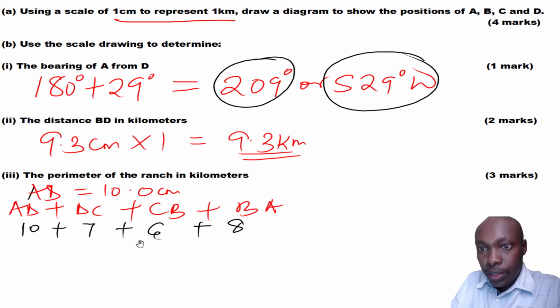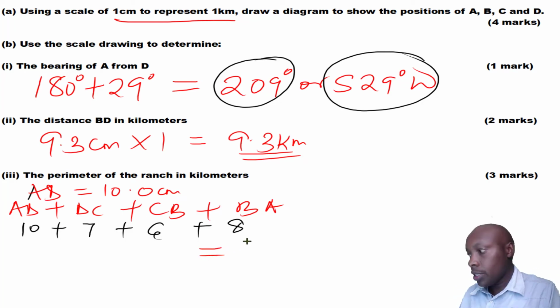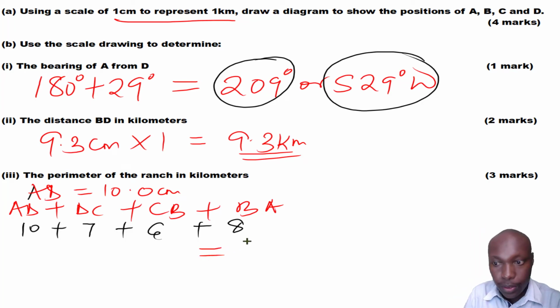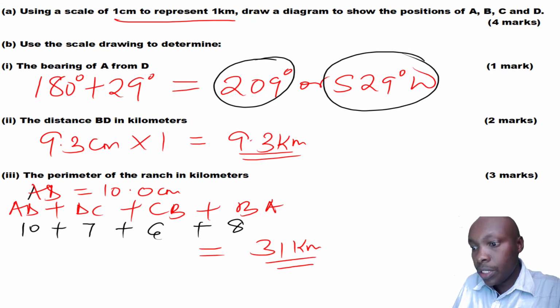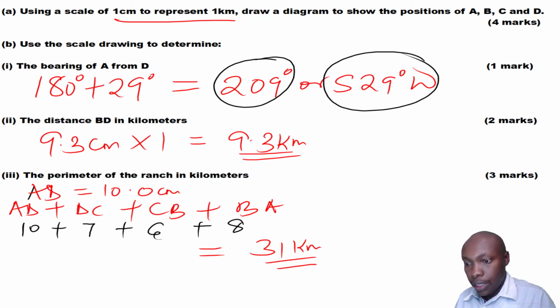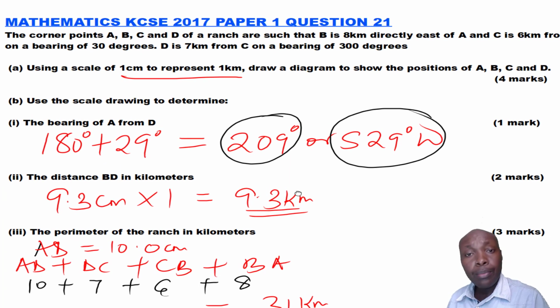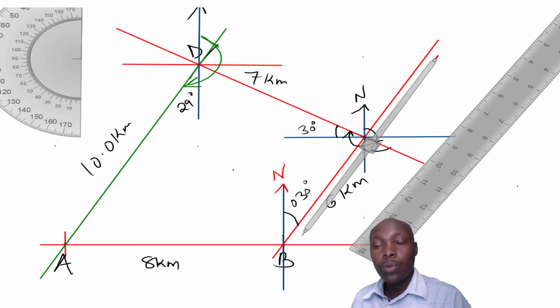All these are in kilometers. So once you add these, let me add these very fast. So this is 17 plus 14. This will give 31 kilometers, and that is simply how you require to work out that question on bearing.